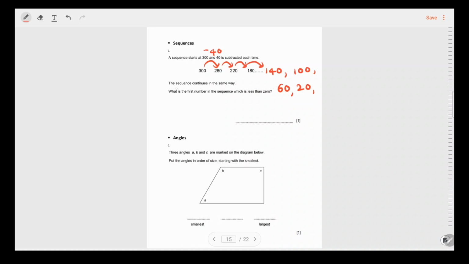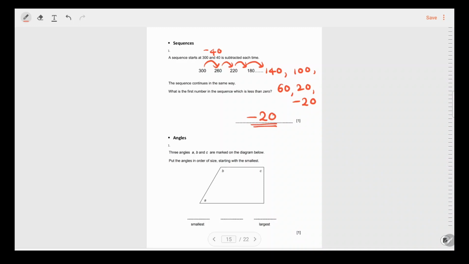The question says, what is the first number in the sequence which is less than 0? So here when we subtract 40 from 20, we are going less than 0 into negative numbers, and 20 minus 40 is actually minus 20, which means that the first number which is less than 0 is minus 20.